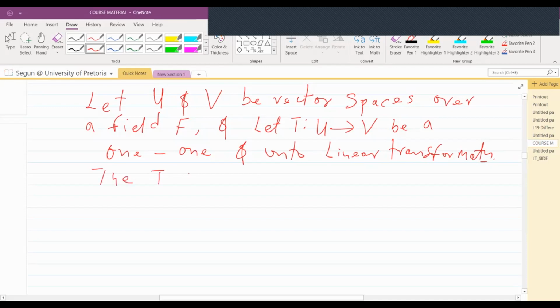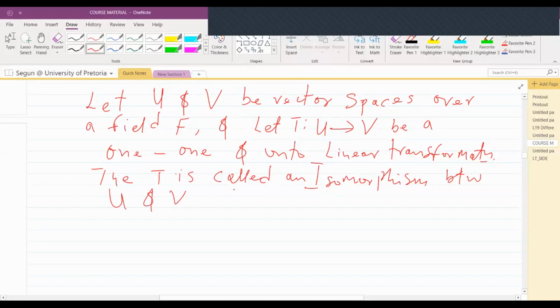The T is called an isomorphism between, let me shorten this, between U and V.